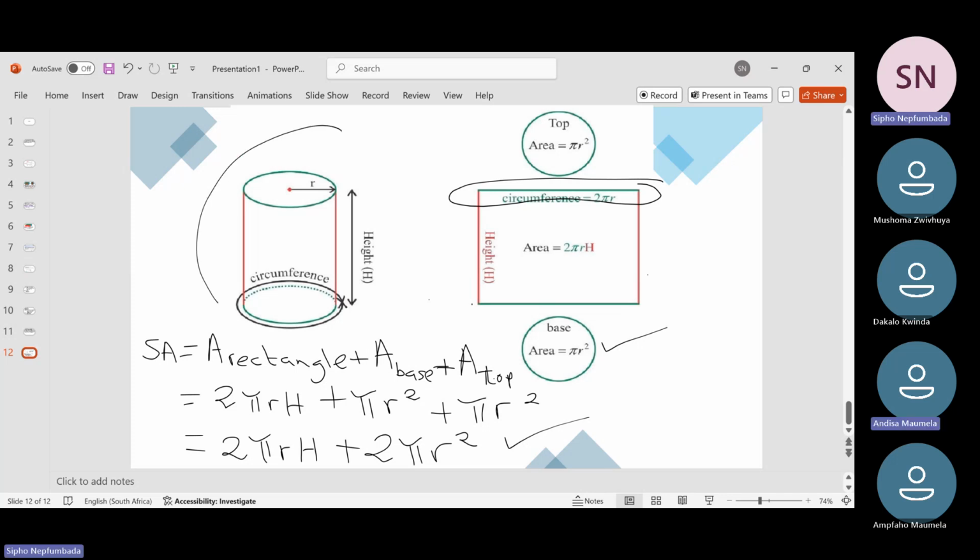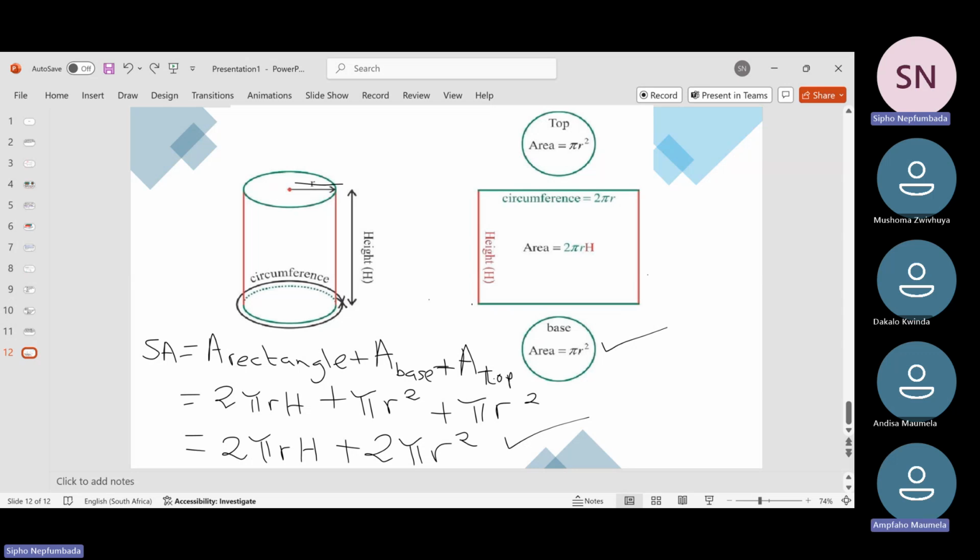Remember, we are breaking out this cylinder. When it says 2 pi RH, is it equivalent to 2 pi radius and height? Does R stand for radius? Why are we using the radius of the circle on the rectangle?